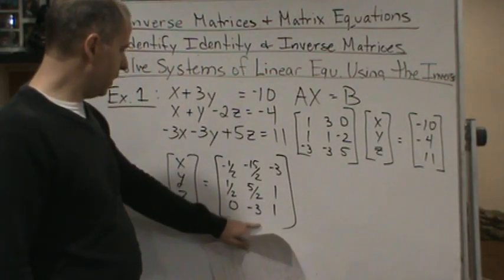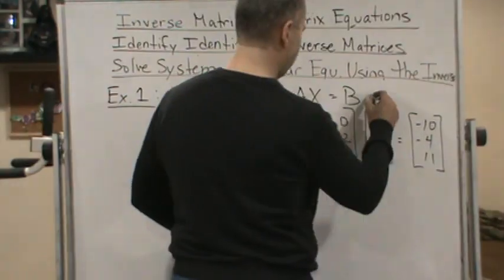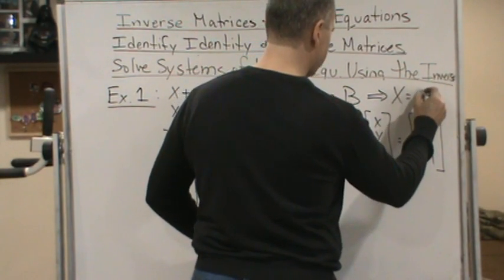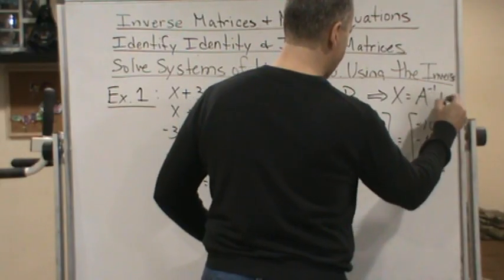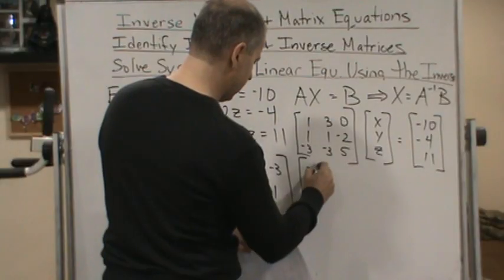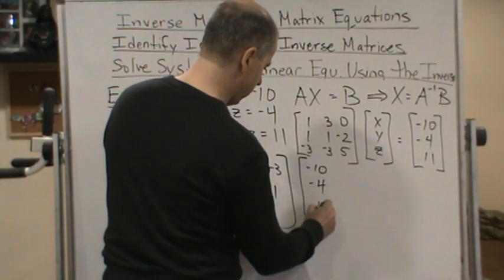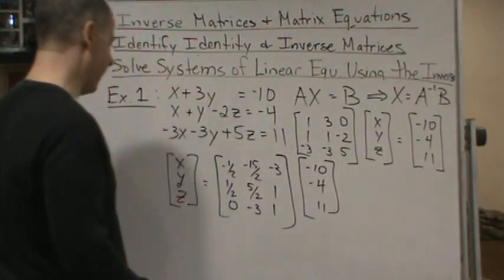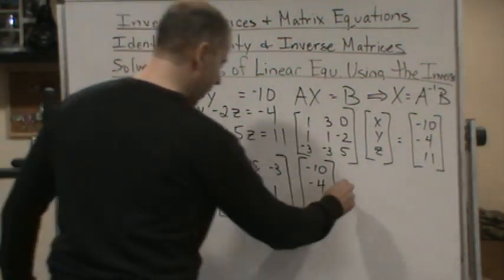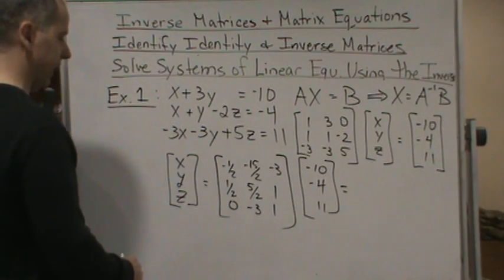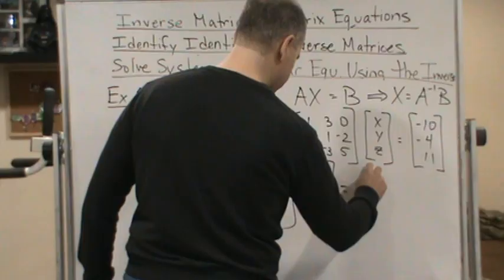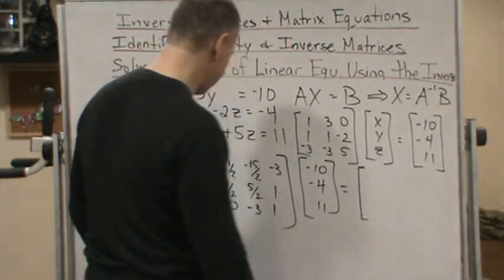So now we can use the inverse here because remember, this gives us X is equal to A inverse times B, right? And so now we're going to take negative 10, negative 4, and 11. So now I'm going to solve for X, Y, and Z. This is going to give us a 3 by 1 matrix, another column matrix.